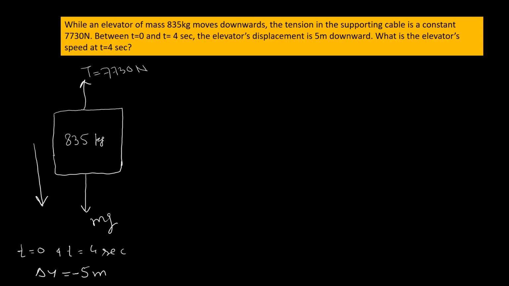So if we see the motion for this elevator, if we apply the addition of forces on this elevator, then the equation will be T minus mg, which gives us the motion, and that will be equal to m times ay.